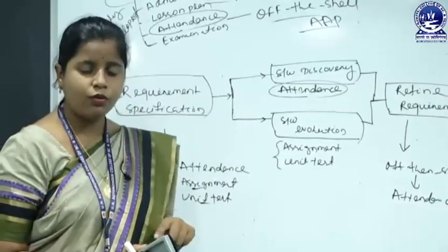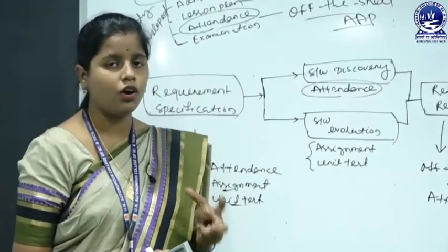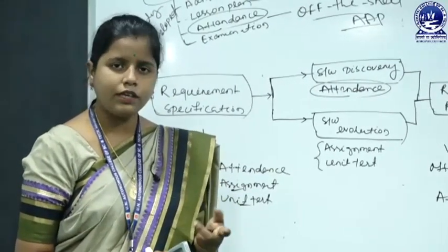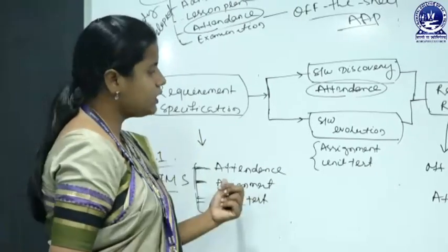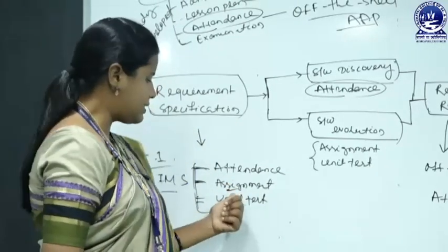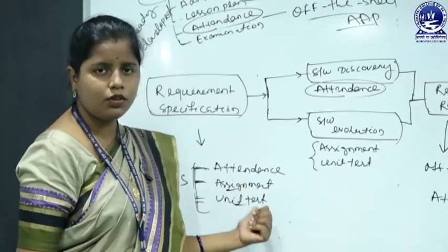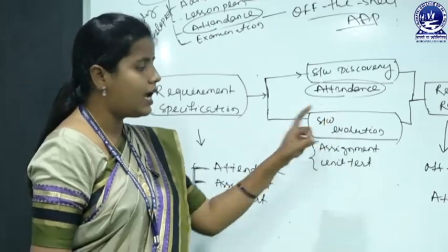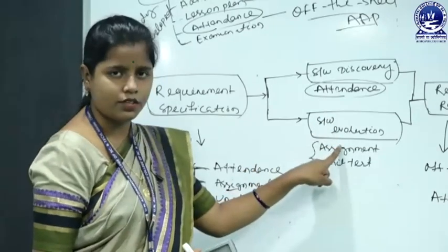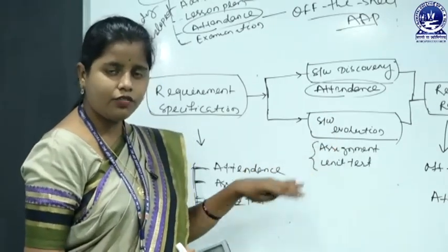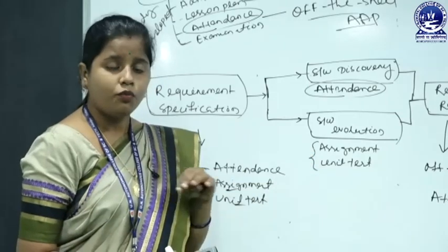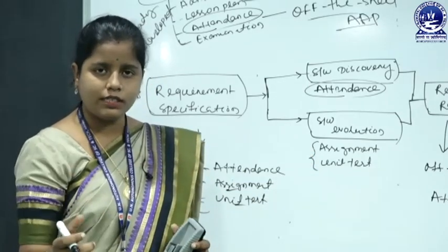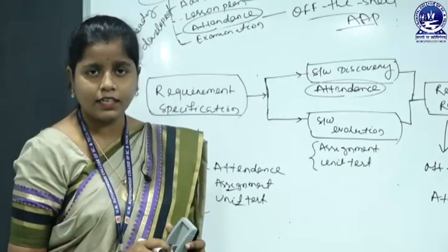Then we will go for the subsystems, those are not readily available, so that we can develop them. So, what are those? Those are assignment and unit test. Those are new requirements. So, we have to develop the assignment and unit test, and that phase is software evaluation. So, actually here we are not designing, we are deciding what to design and what to adapt.